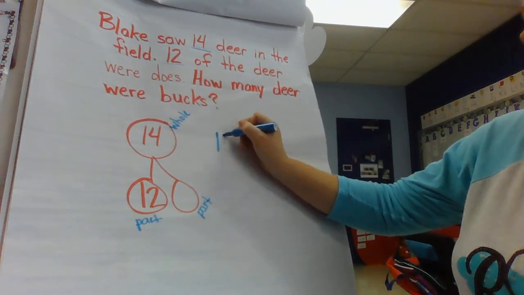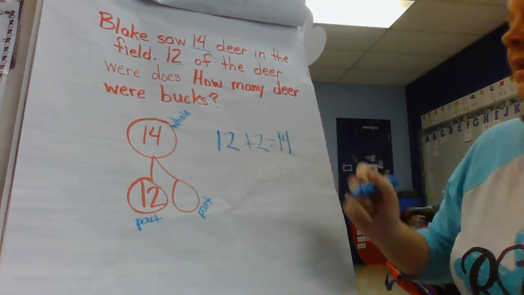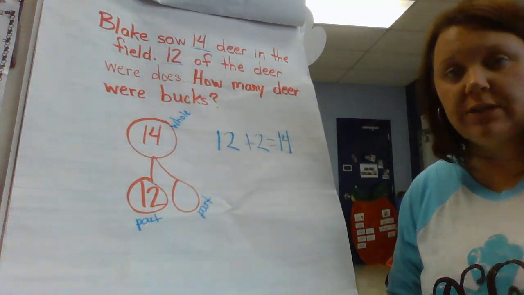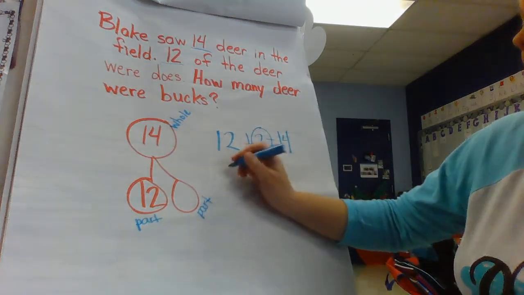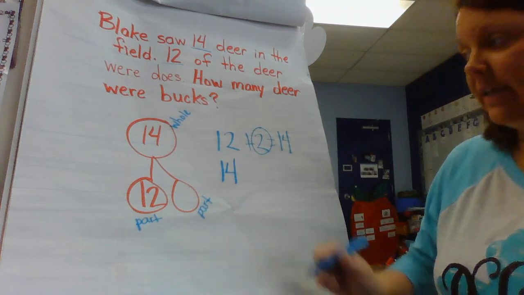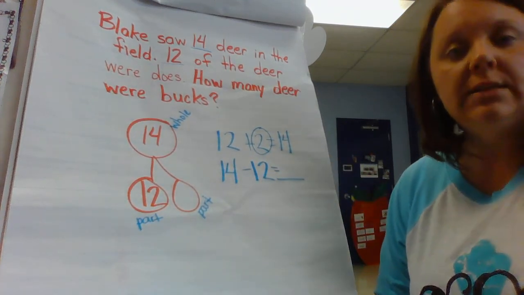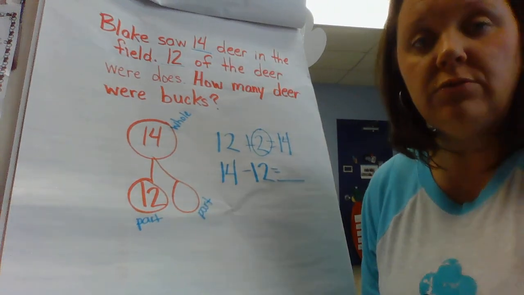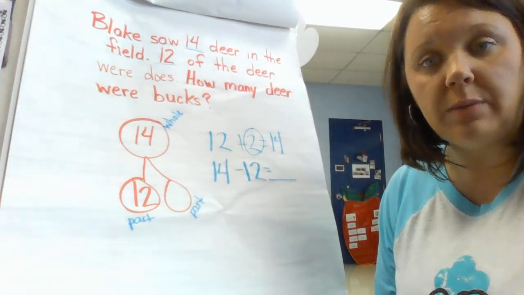Now, we could count up, and we could say 12 plus 2 is 14, and the missing part would be 2. We could also subtract, and we could say 14 minus 12, okay? Lots of times I tell you in class, if you do not know the answer, to use an illustration to solve this problem.